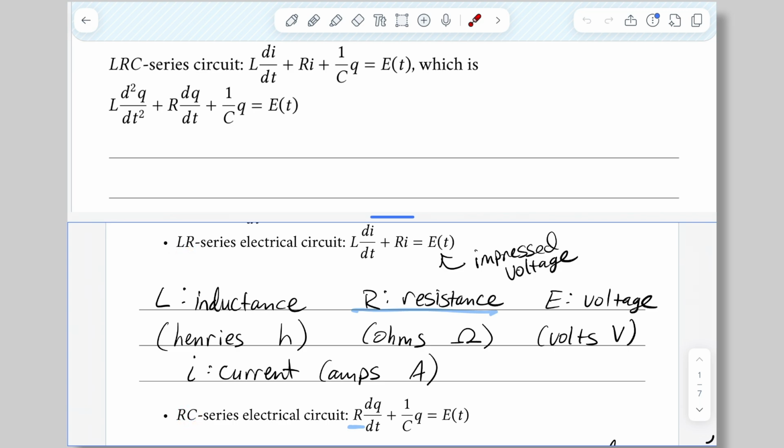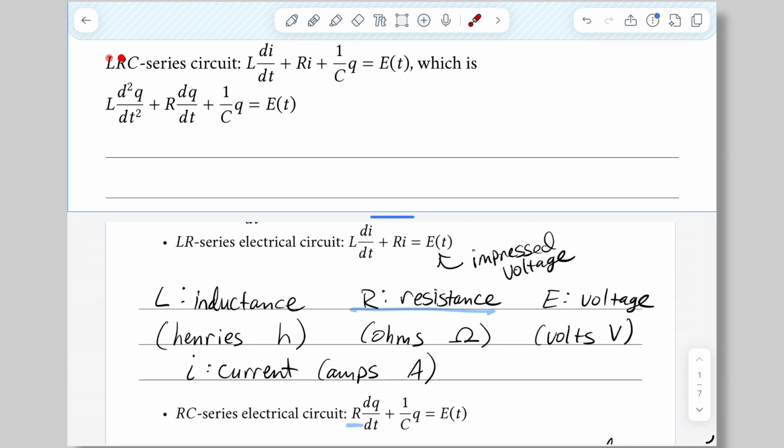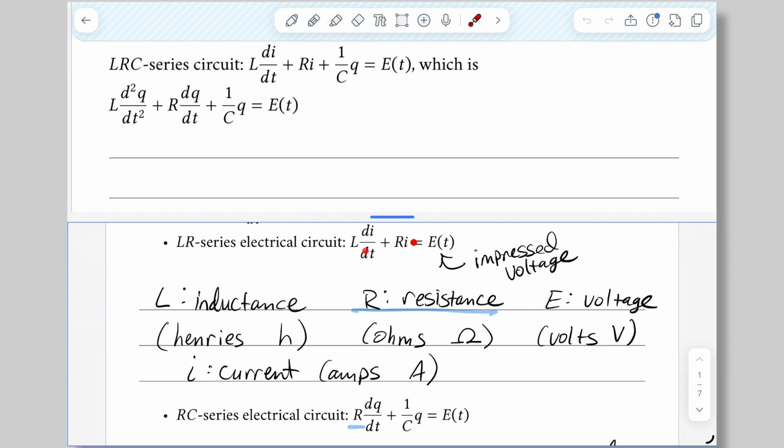and an RC would have a resistor and a capacitor. If we've got a circuit that's got an inductor, a resistor, and a capacitor, then all of the voltage drops in the circuit, represented on the left side of an equation, equal the impressed voltage on the right side. So we combine the L di/dt plus Ri, which is the same as R dq/dt, plus 1/C q to get E(t).